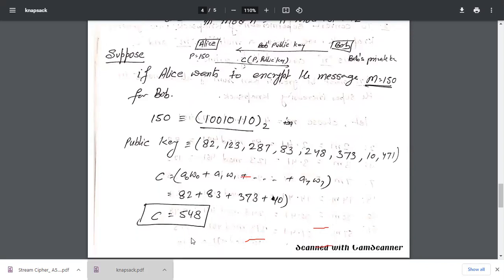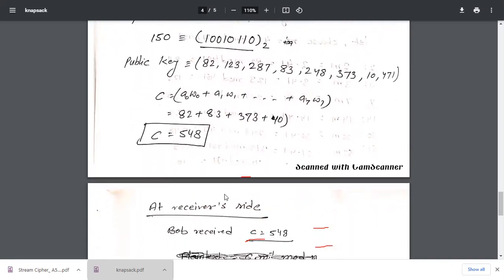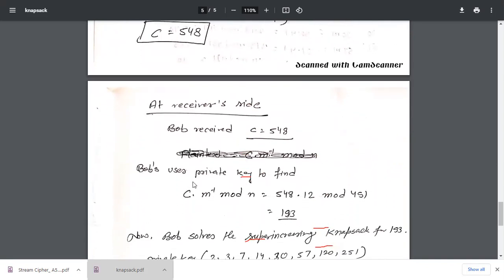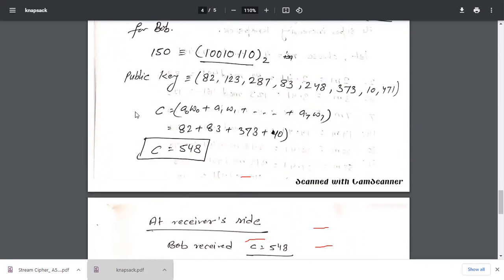The receiver will receive C equal to 548, and then Bob uses his private key to find the plain text. So first, how to decrypt? This is the process for encryption.